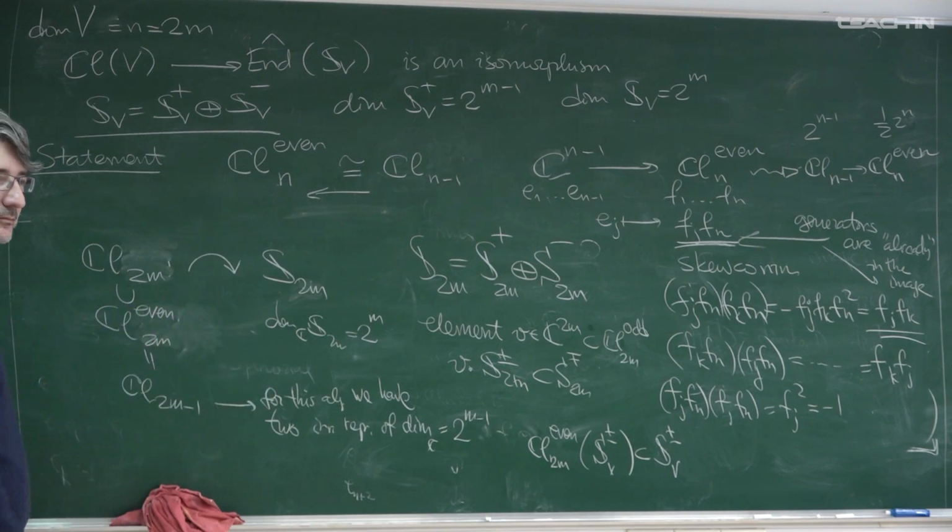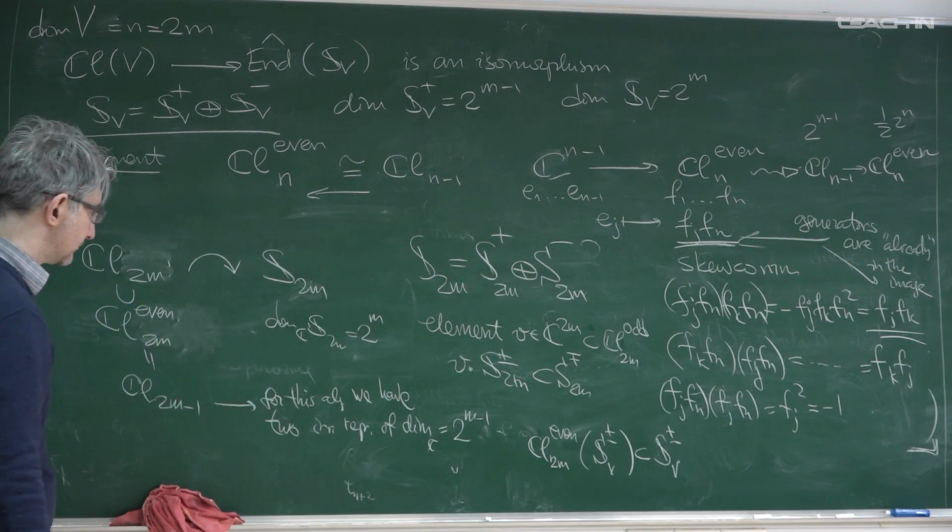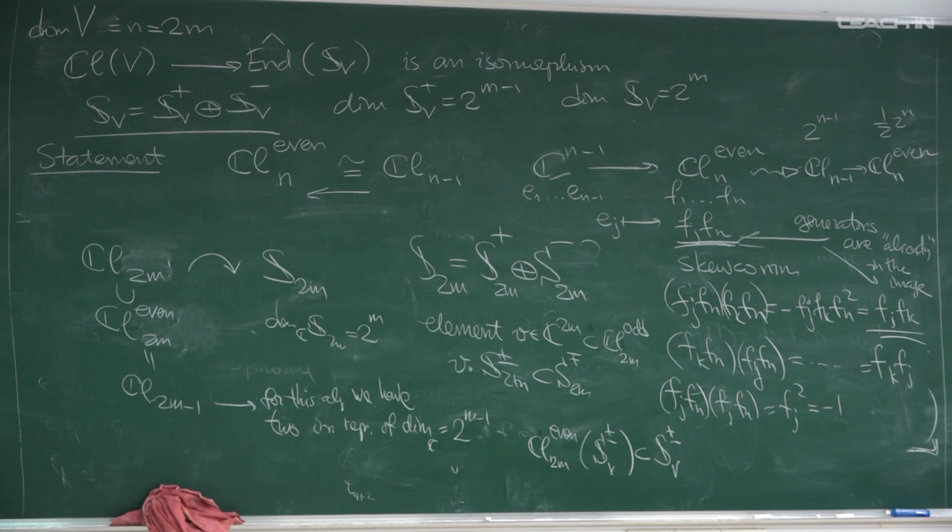May I erase? Sometimes people use representations of Lie algebras. It's possible to do it that way, but then you need to know the theory of representations of SO. If you know it, then it's okay.